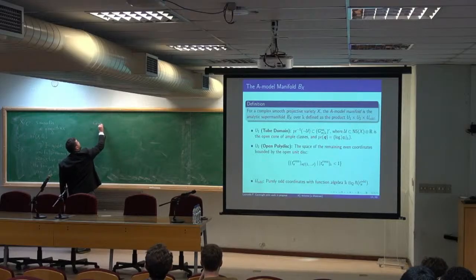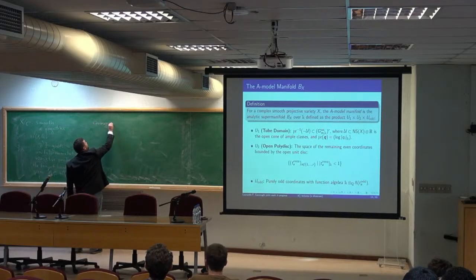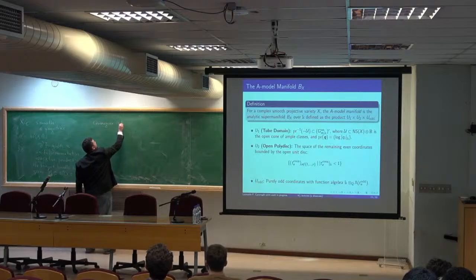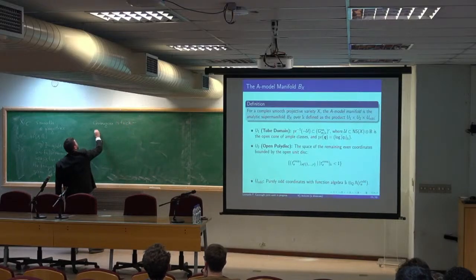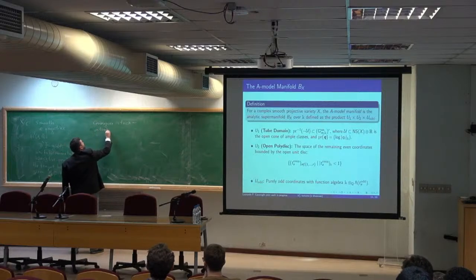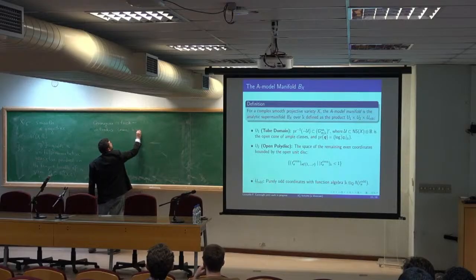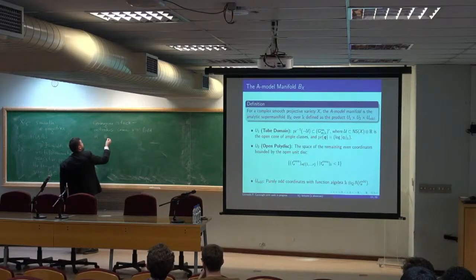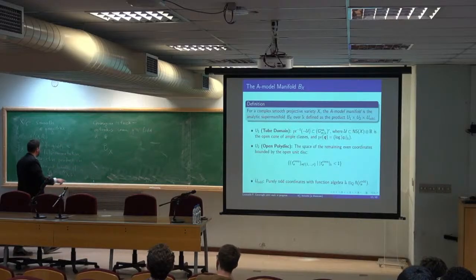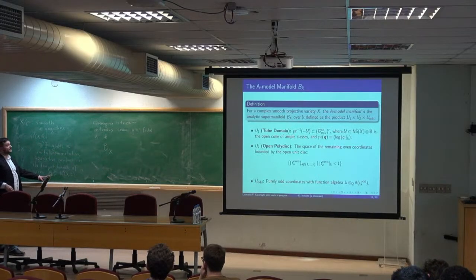Convergence is tricky. Then introduce some non-Archimedean field. Okay? And define this manifold B_X that's aimed to replace this M.